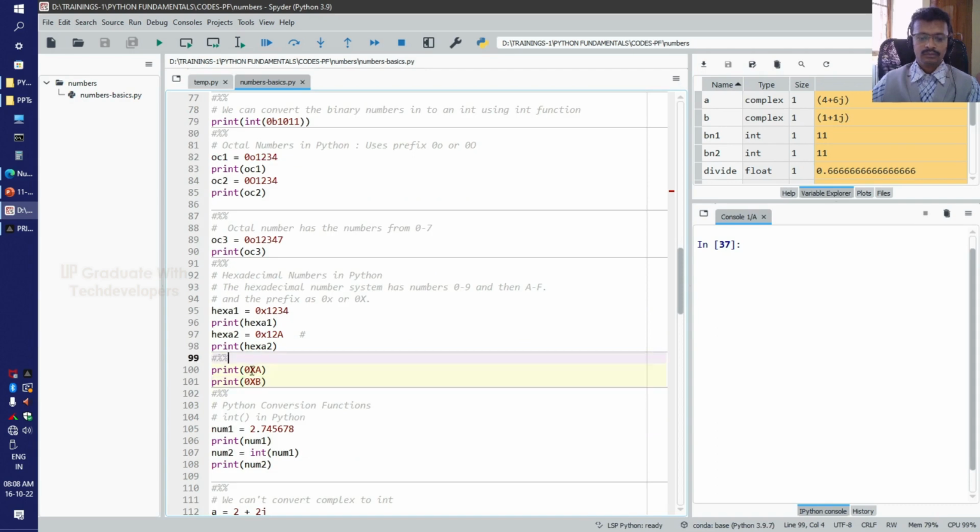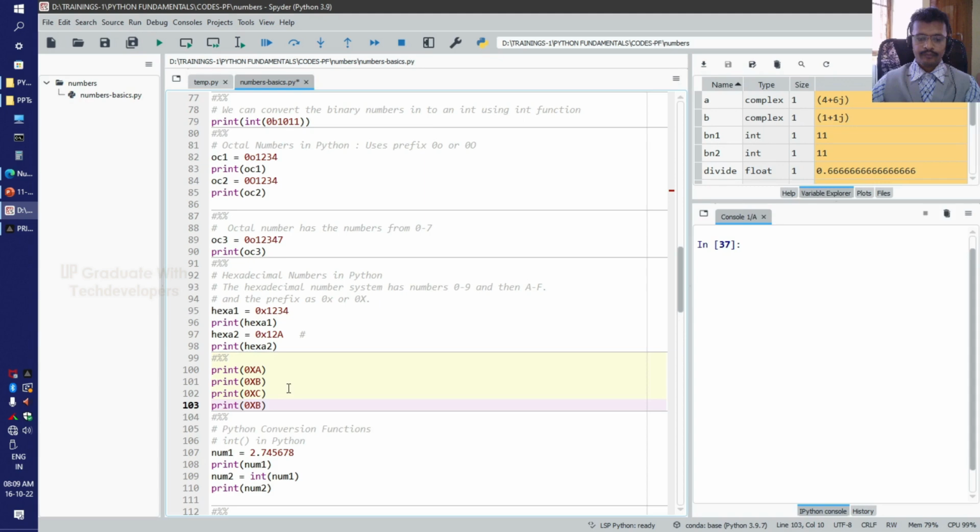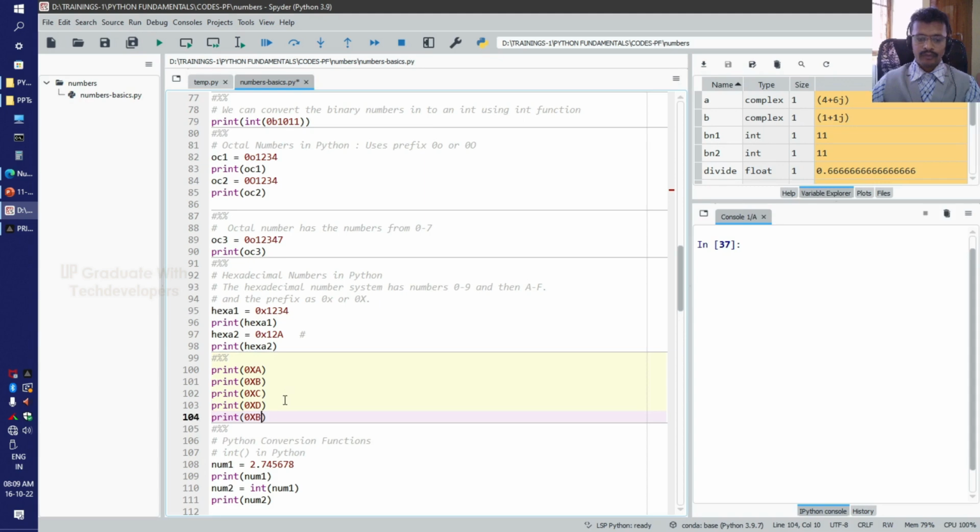Here I am printing hexadecimal number a with the prefix 0x and b with the prefix 0x, and similarly I can print the value of c and the value of d and the value of e, and finally the value of f. So 10, 11, 12, 13, 14, 15.